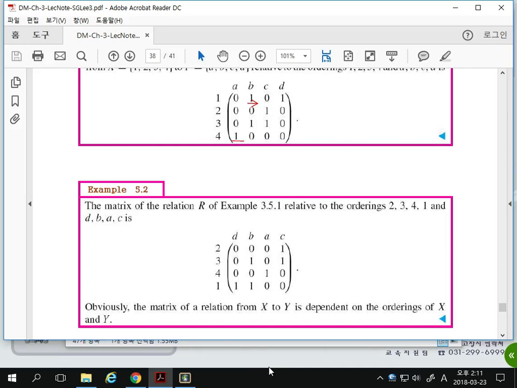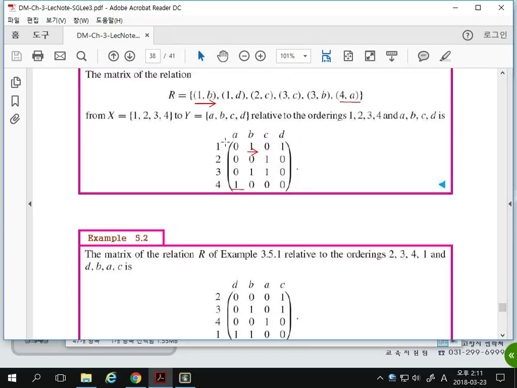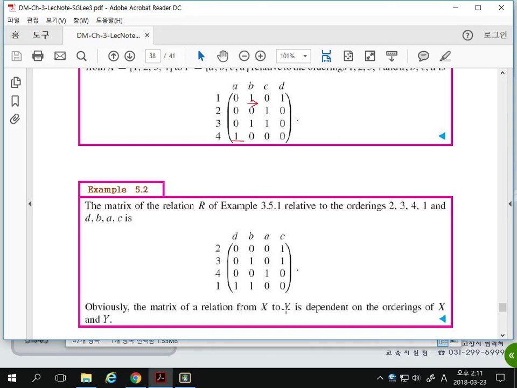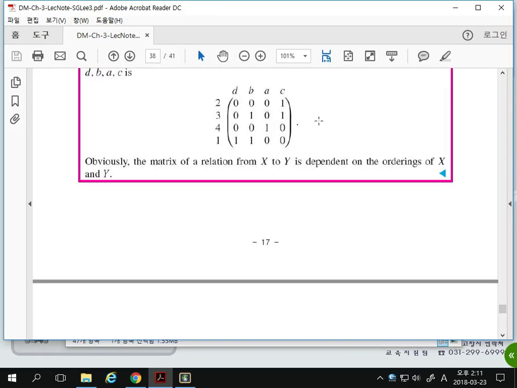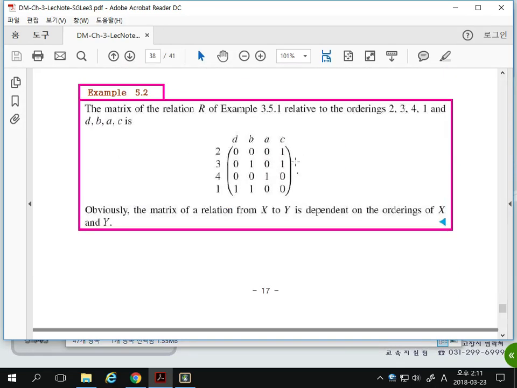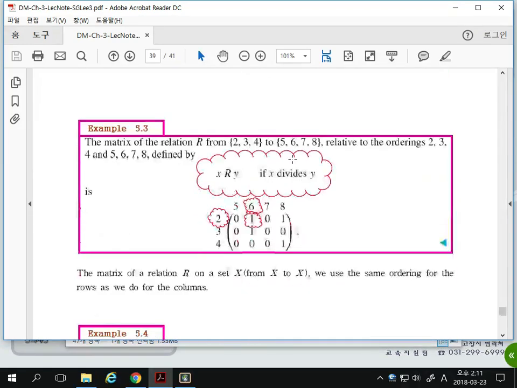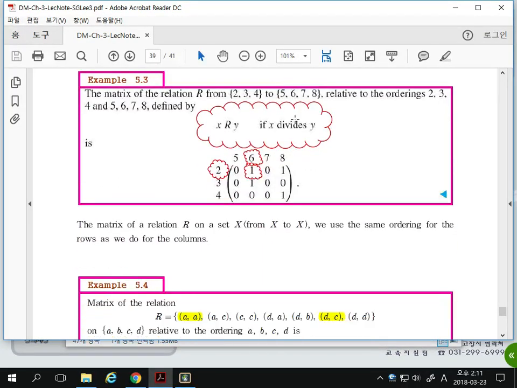If we change the order of columns, then the columns will be replaced. So if we give an arbitrarily fixed order, then we can continue our argument with that fixed order. Ordering just means a change of the order of the rows and columns.